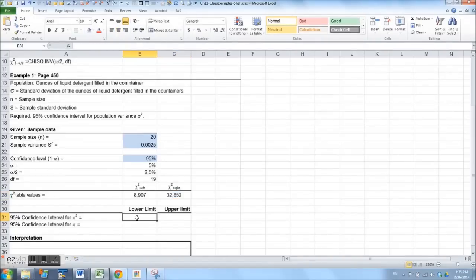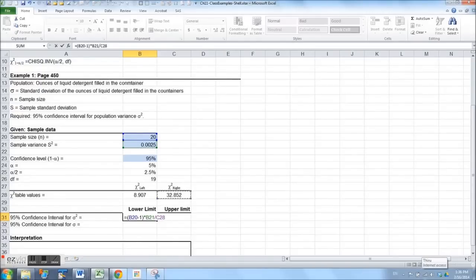Then the confidence interval for variance is n minus 1 times sample variance. This is already the sample variance, so there is no need to square it. Divided by the larger chi-squared value, that is the chi-squared on the right, will give you the lower limit.